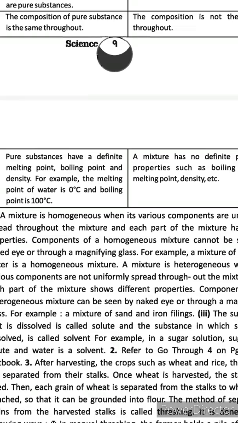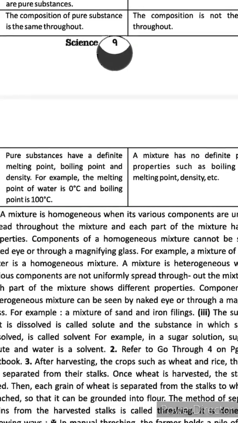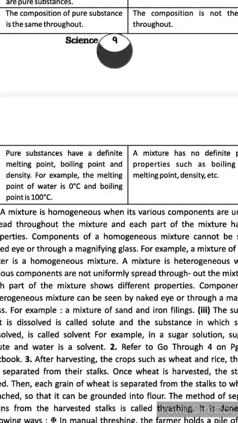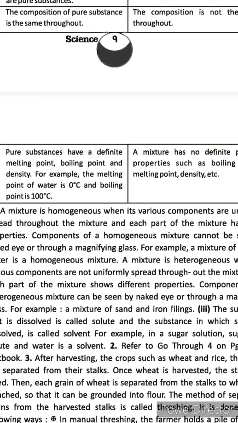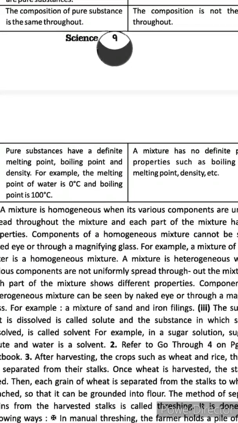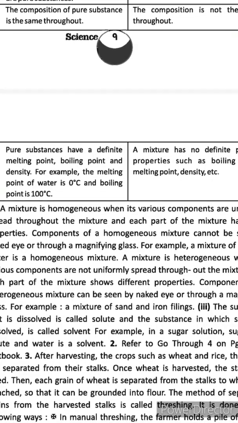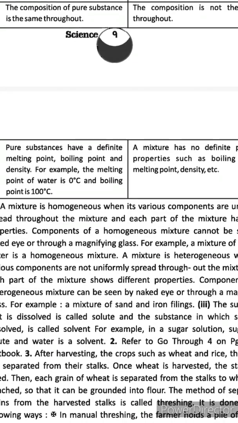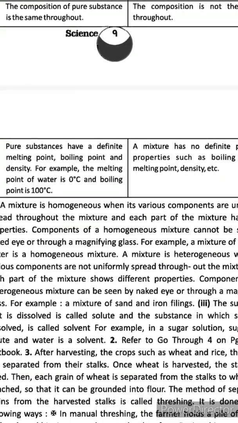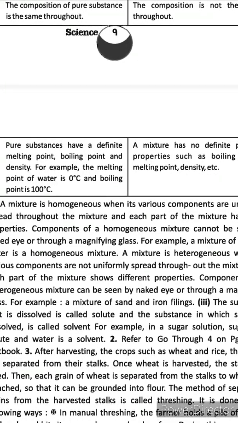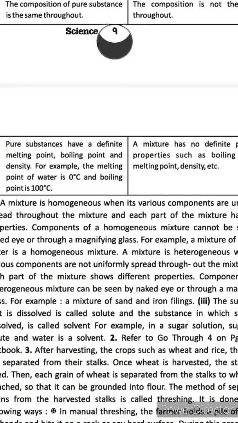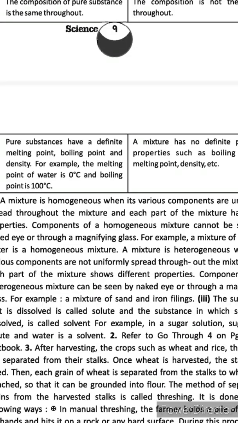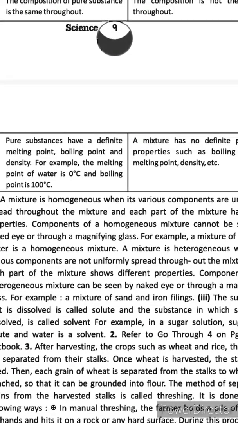Second question, explain the process of filtration with the help of a diagram. Okay, in your textbook, you can see it on page number 52. Write it. Okay, page number 52.